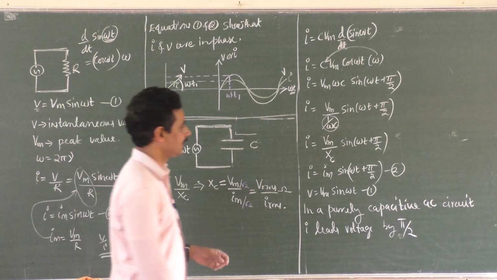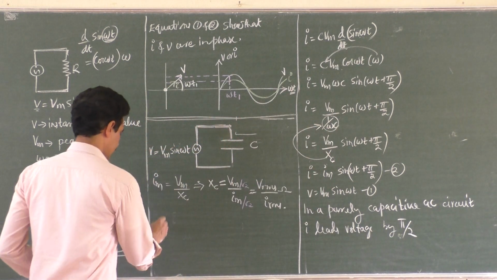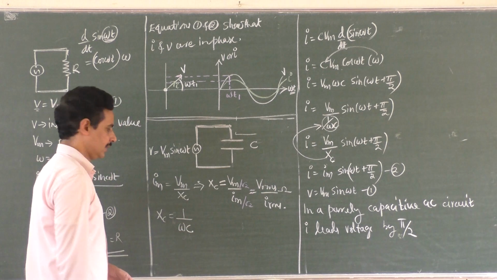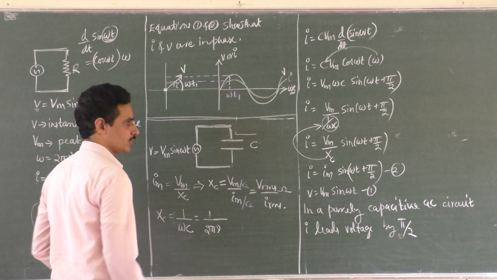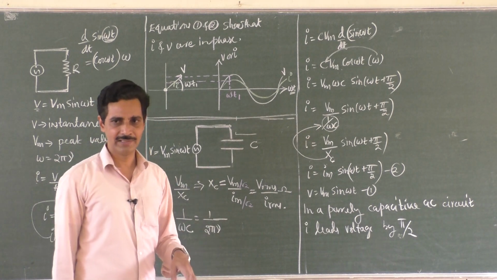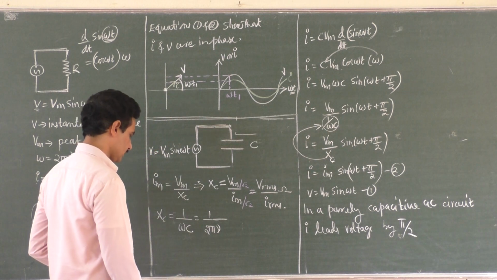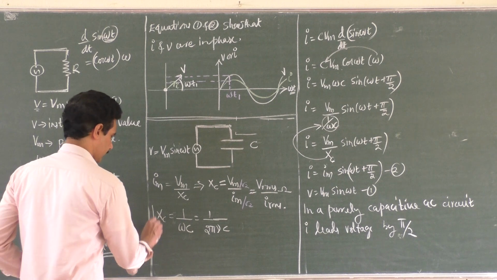And Xc is the replacement for 1 by omega c. Can you see that? So reactance of a capacitor is given by 1 by omega c. That is equal to 1 by 2 pi nu c, because omega is 2 pi nu. Omega is theta by t, that is 2 pi by t, and so it is 1 by 2 pi nu c.